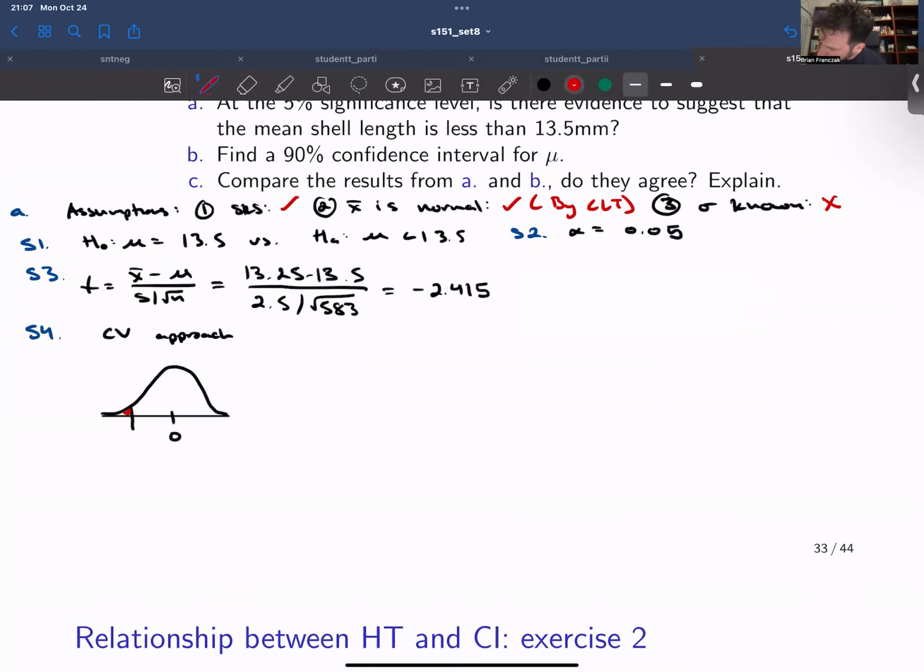This area here is of size 0.05. Here we have negative t alpha, n minus 1, which is negative t 0.05 comma 582. So our critical value is a t-value with 0.05 and 582 degrees of freedom.